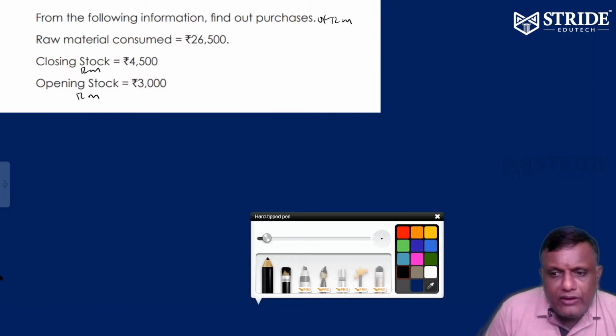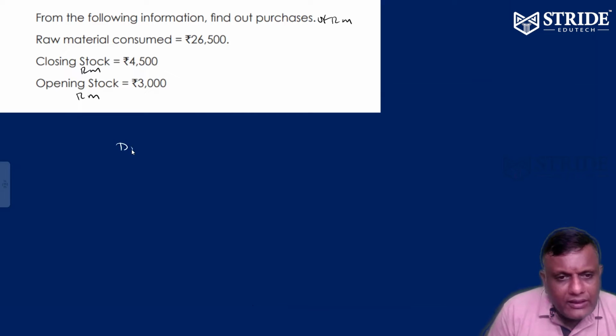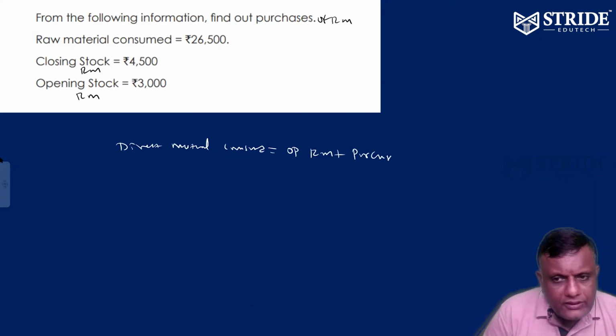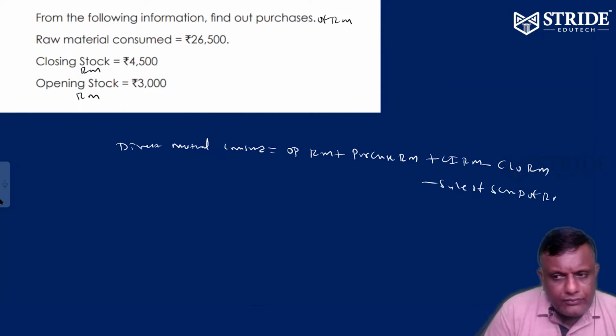Right. So already we know the cost sheet. First one, what is direct material consumed? Direct material consumed is equivalent to opening raw material plus purchase of raw material plus carriage inward on raw material minus closing raw material minus sale of scrap of raw material, which is going to be normal loss.